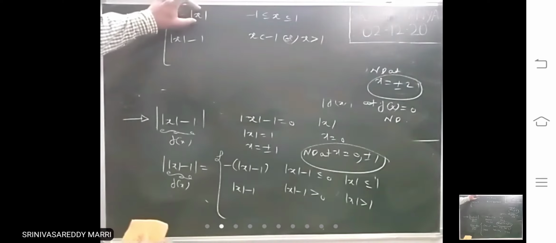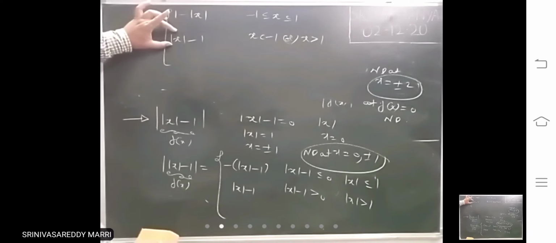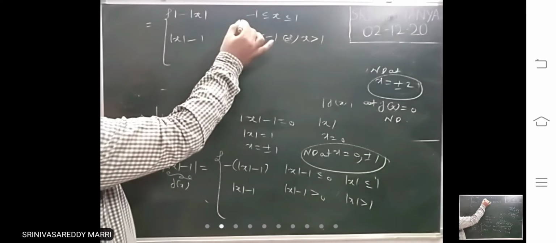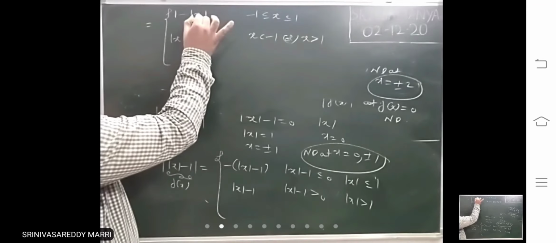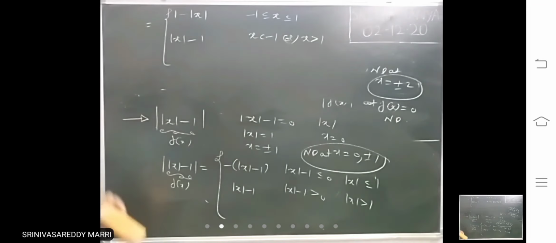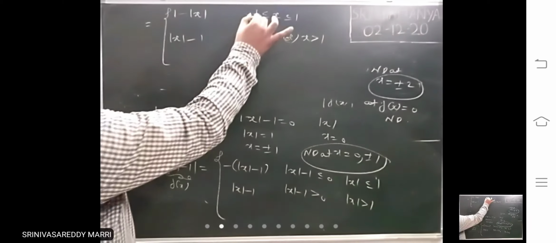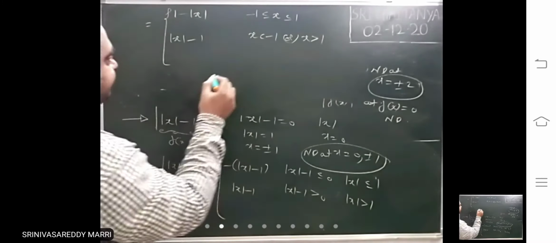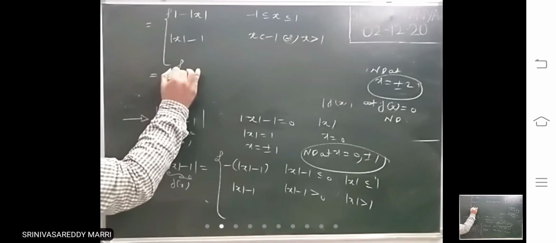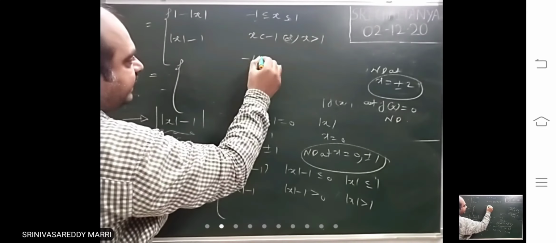Now again, for each of these, plus or minus will be there. If x is negative, modulus x is minus x. If x is positive, modulus x is x. Here negative and positive both are there, so I am redefining it by dividing this interval into two parts.